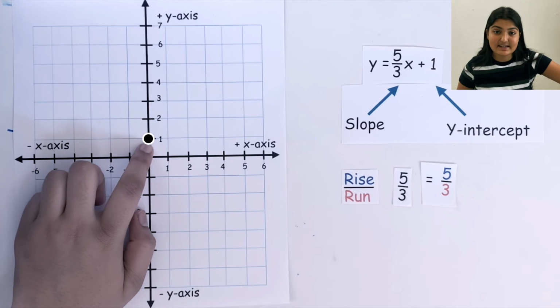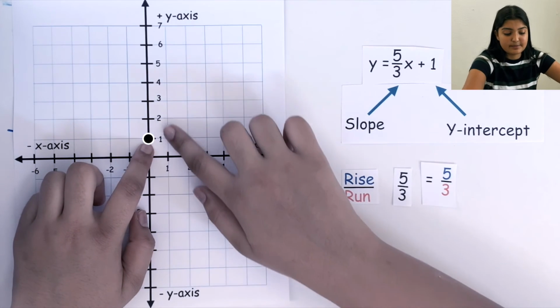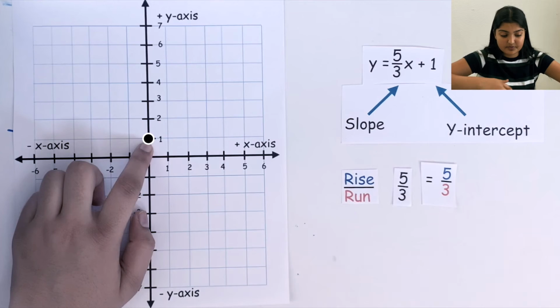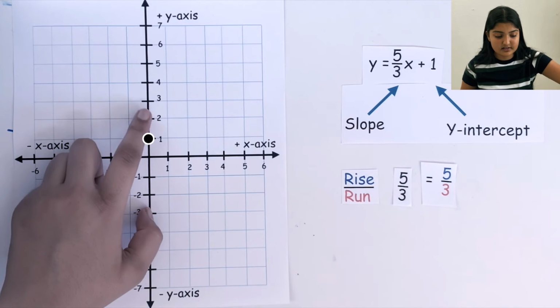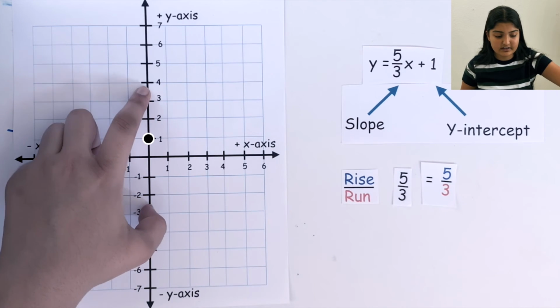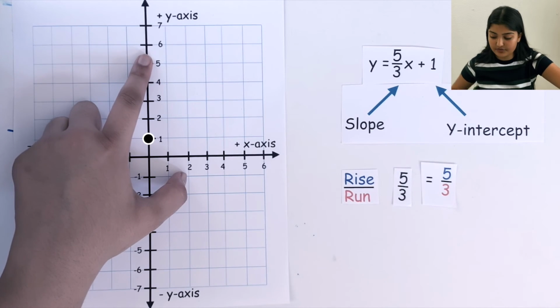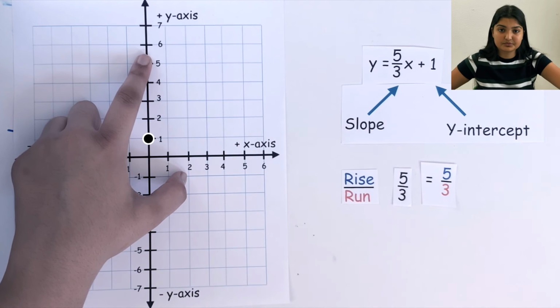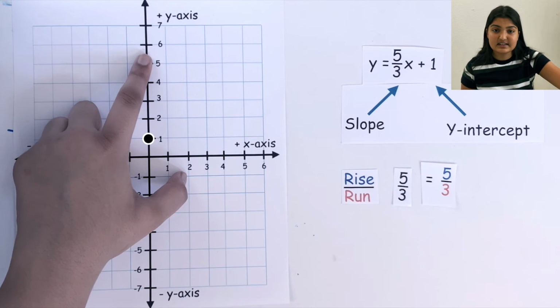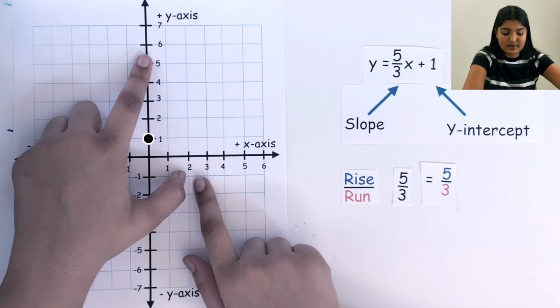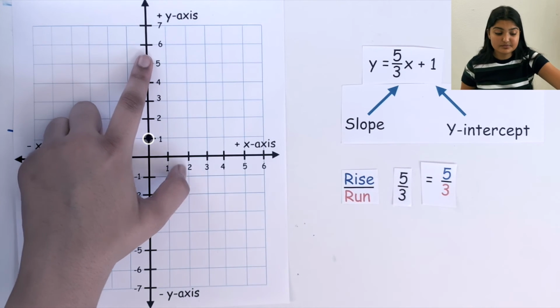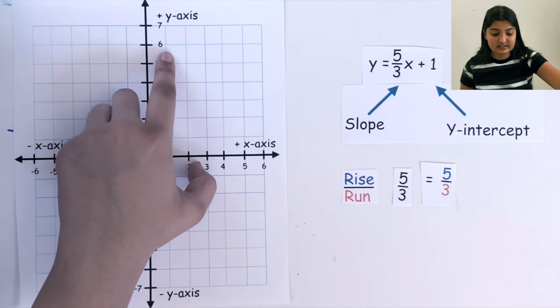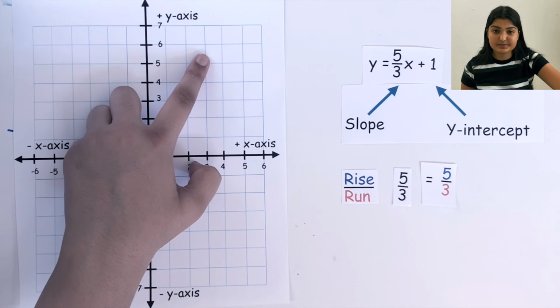So let's rise 5 units in the positive direction. 1, 2, 3, 4, 5. Right here. And let's run 3 units, also in the positive direction. 1, 2, 3. So let's plot a point here.